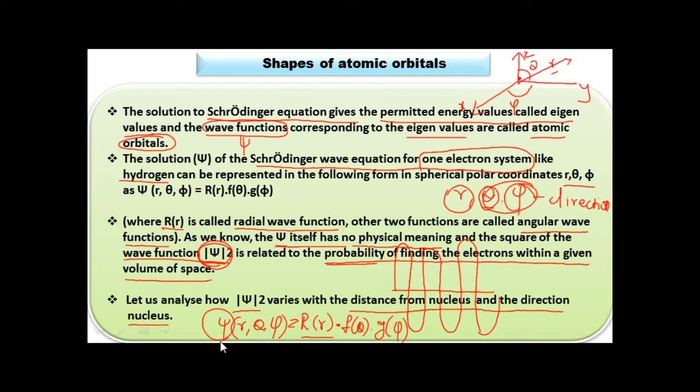What is psi? Psi is the atomic orbital or wave function. So the wave function psi equals the product of the radial wave function and the angular wave function.